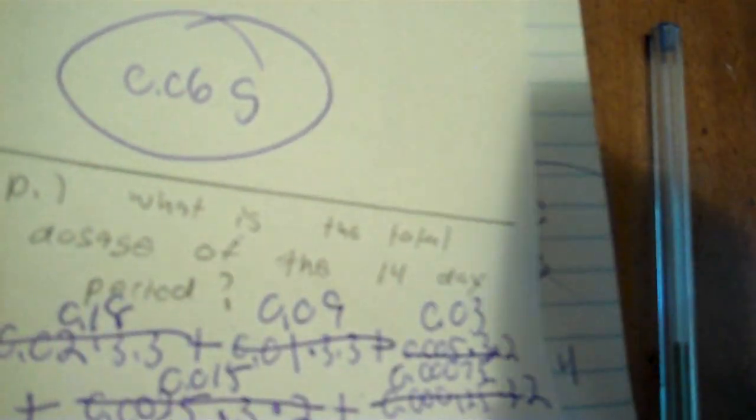And then 0.000125 times 3 times 2, 0.00075. Then I add them all together. Okay, 0.32. Round your final answer. That many grams right there. All right.